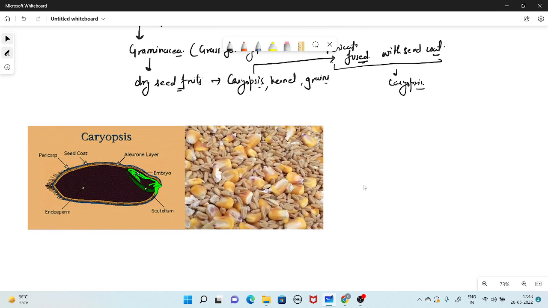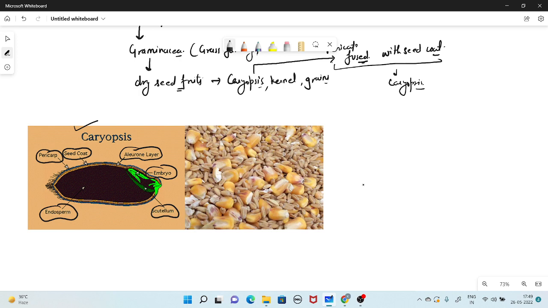So if we see a normal cereal grain structure, seed structure, then you will see there is a seed coat, pericarp, endosperm, scutellum, embryo, and aleurone layer. These parts are present in all types of grains and they vary in their structure, right?